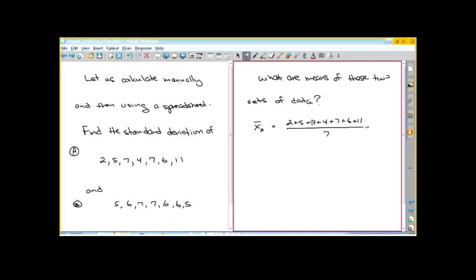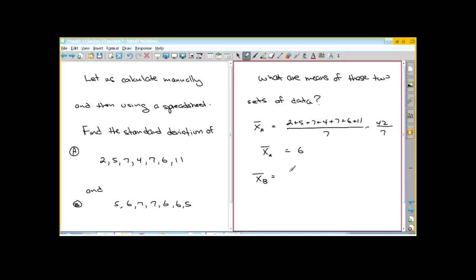So that's 7 plus 7 is 14. 14 plus 4 is 18. 18 plus 7 is 25. 31, 41, 42. So 42 is the numerator. So 42 divided by 7 is 6. So the mean of data set A is 6.